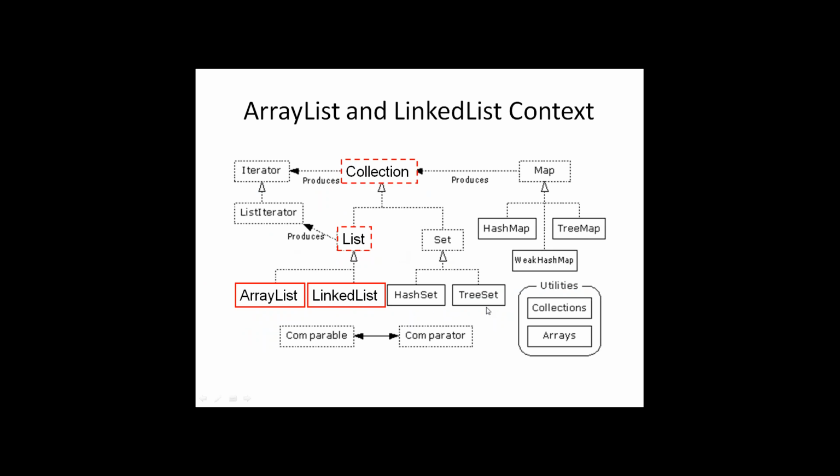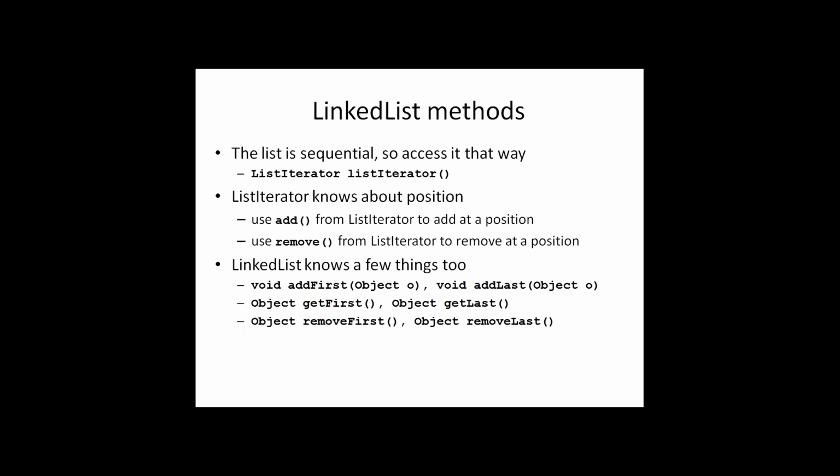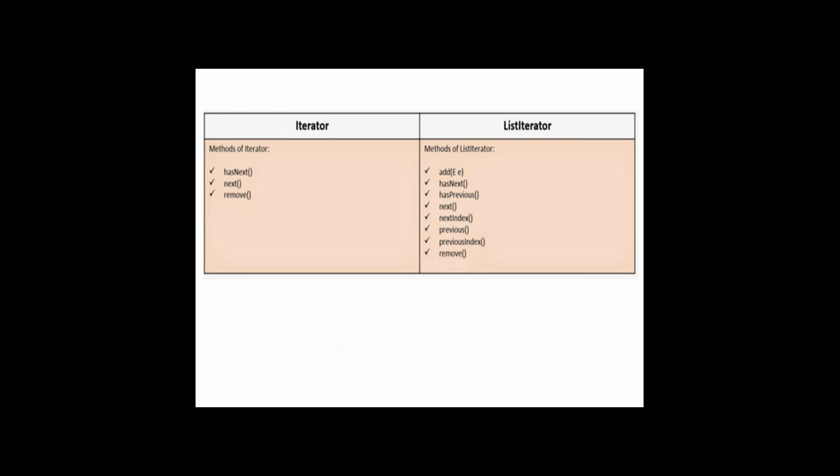So using list iterator you can traverse only the elements of a list. From a set you can't traverse the elements using list iterator. So that's why Java gave the iterator. Using iterator we can traverse a list or set or map. For all three we can traverse the elements, but list iterator is limited to the list.